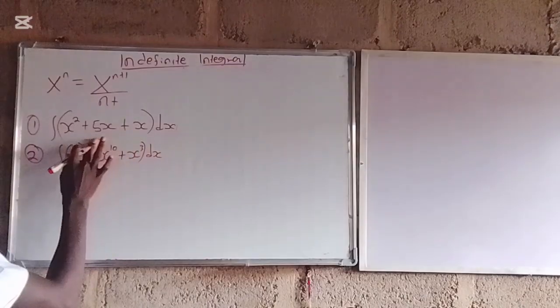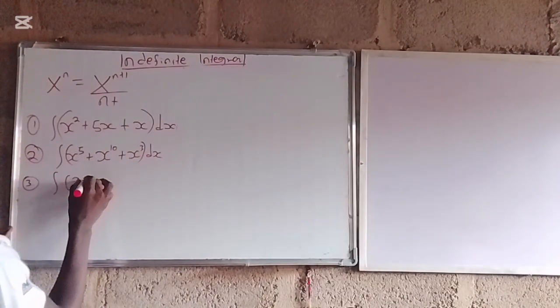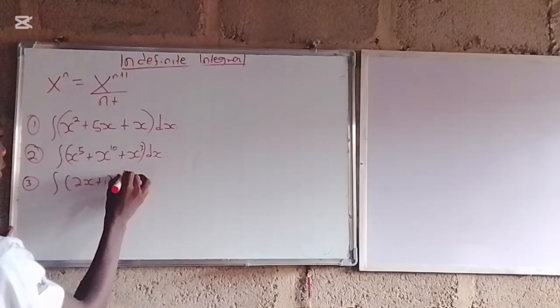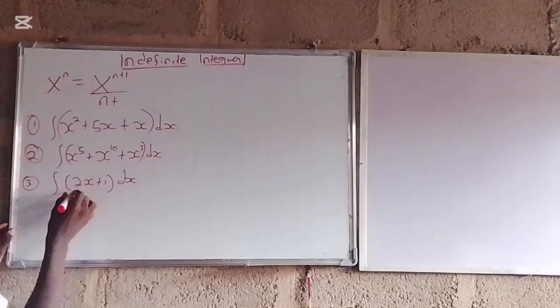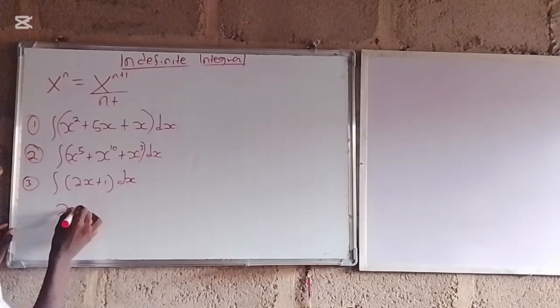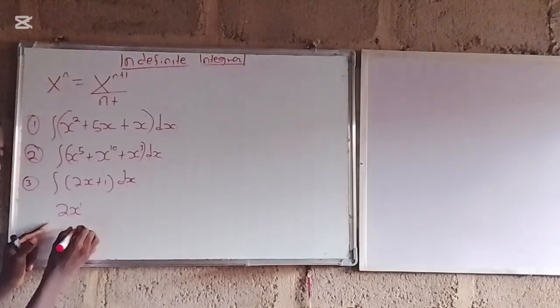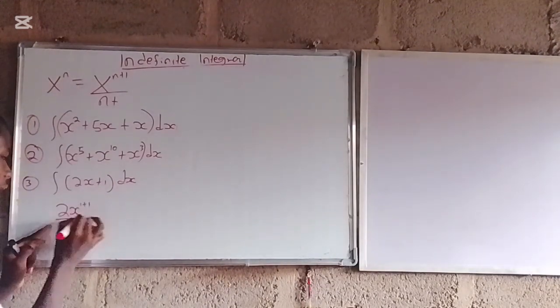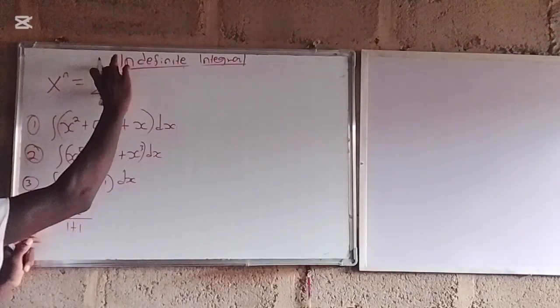So let's see the integral of 2x plus 1 dx. If I integrate this, I will have 2x. First, I keep the 2x, then for the power, which is 1, I have to add 1 and divide by 1 plus 1, according to this formula.